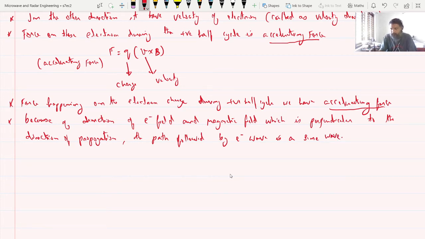I will draw how the sine wave comes. Okay, this is what happens during the positive half cycle.